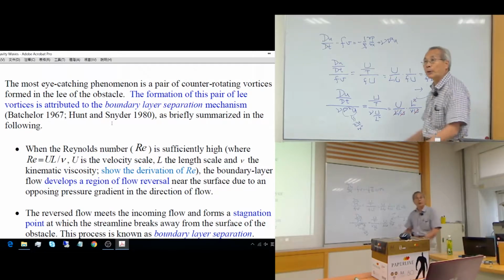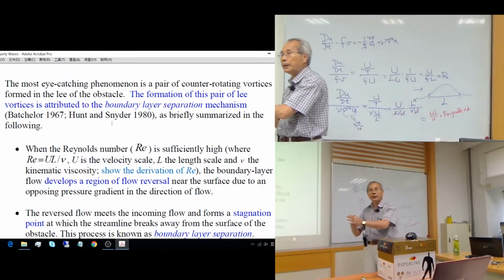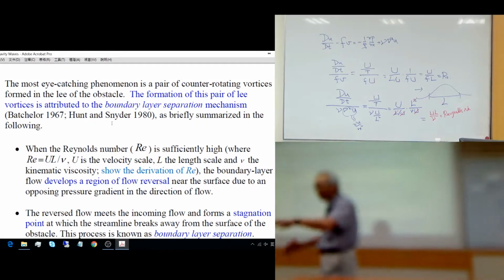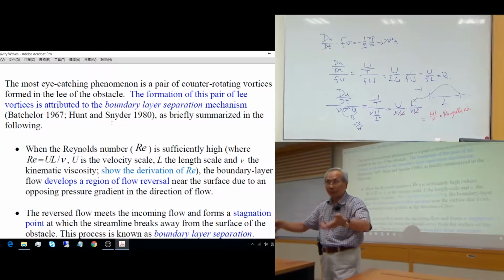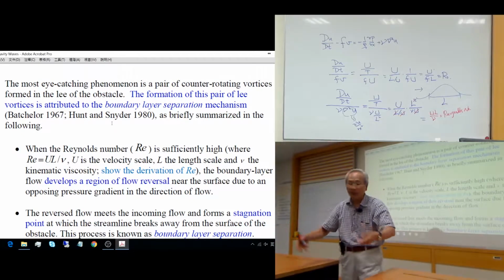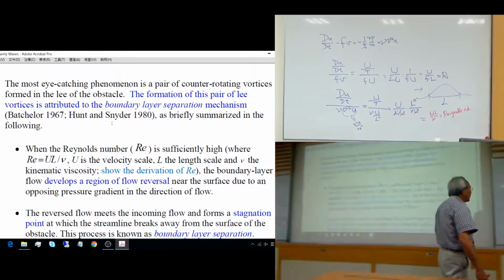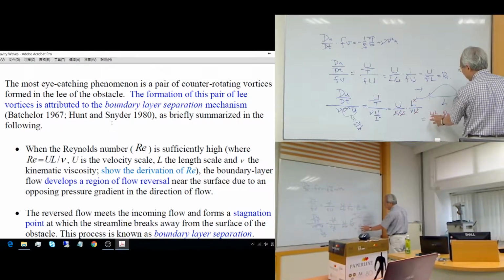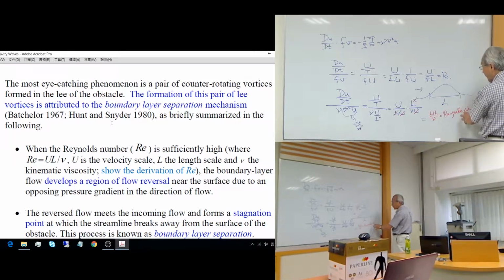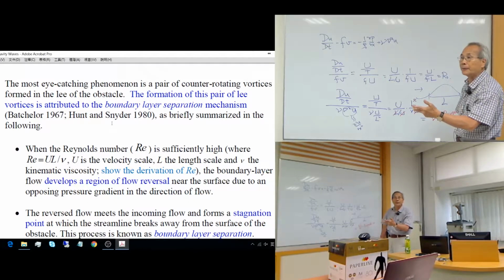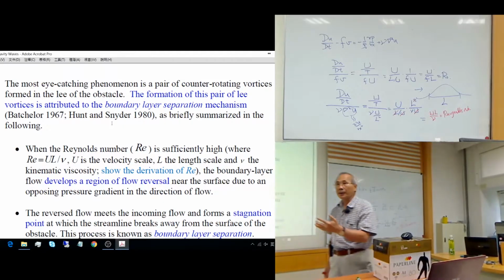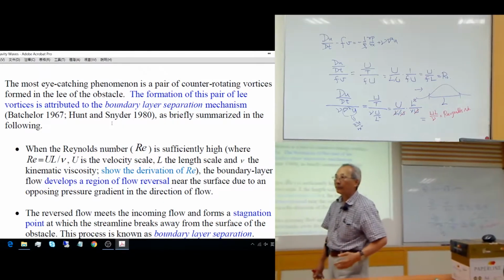That's what we did earlier: we assumed no friction, or that the friction effect is negligible, very small. If nu is appreciable, large, then the Reynolds number will be small, and you have to take care of viscosity. You have to include the viscous friction effect.